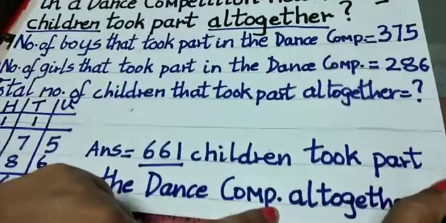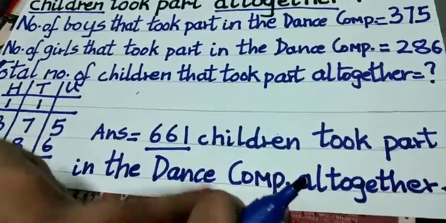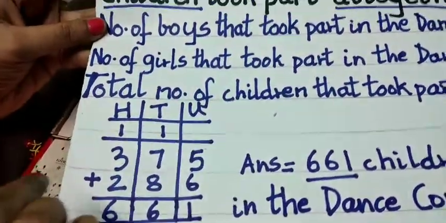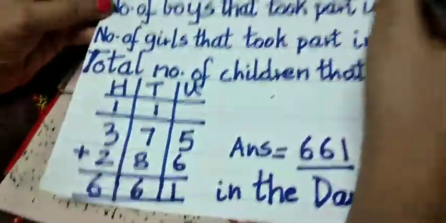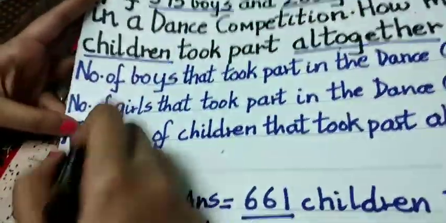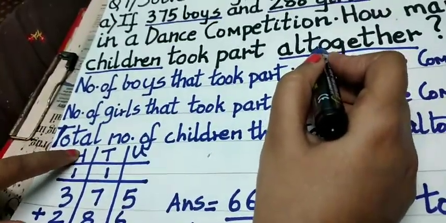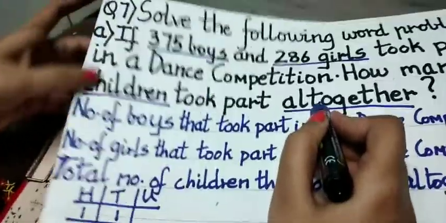Okay boys, you can write competition in short form, that's okay. This is the format of how you solve a word problem for addition. Always remember, altogether or total means addition sums. Altogether, total or in all means it's an addition sum.